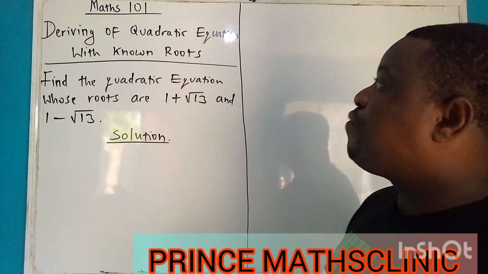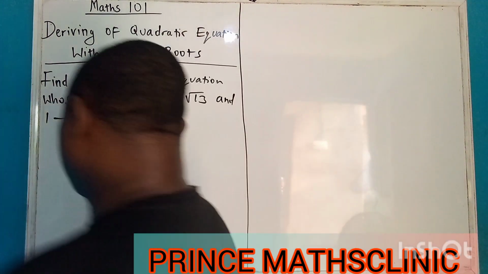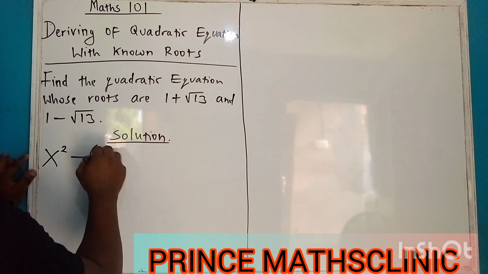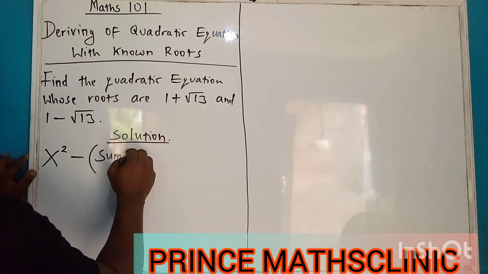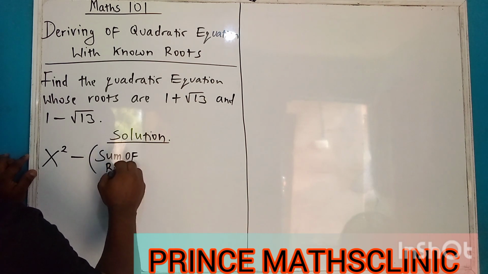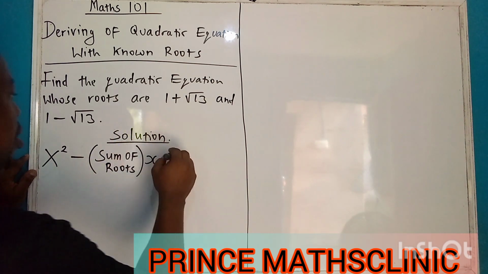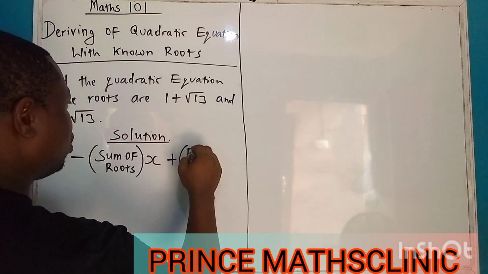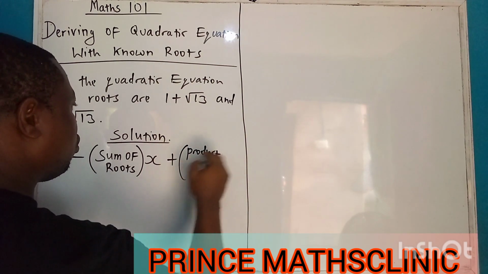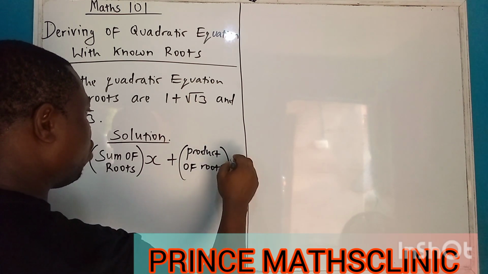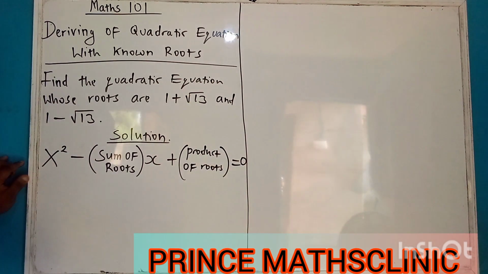I said to derive a quadratic equation, you can use this formula: x squared minus the sum of roots times x plus the product of roots equals 0.